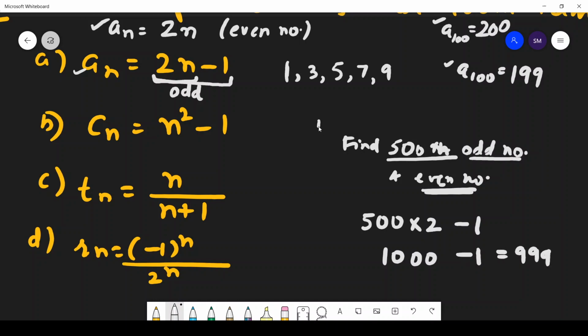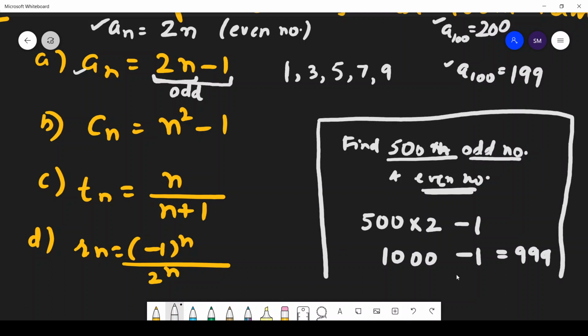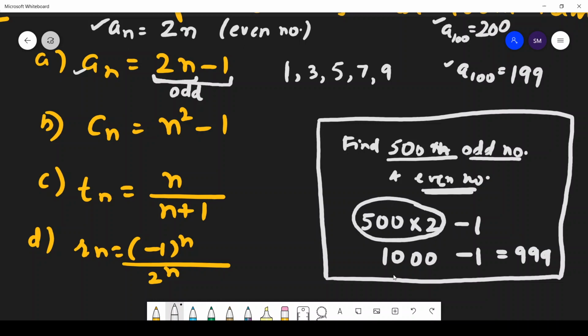See, this is the thing that you remember. You need to remember throughout your lives how I have told you to find the odd number and even number. First you will always find the even number and then subtract 1 from it to get the odd number. Is this clear?